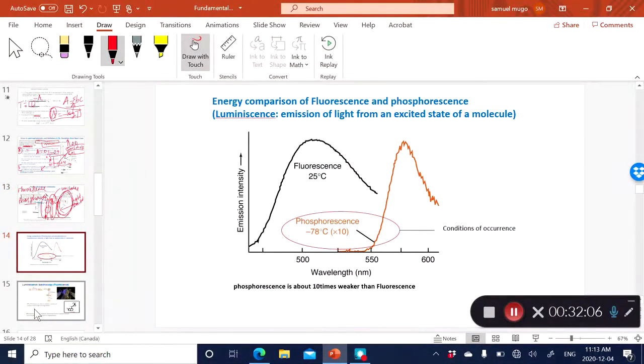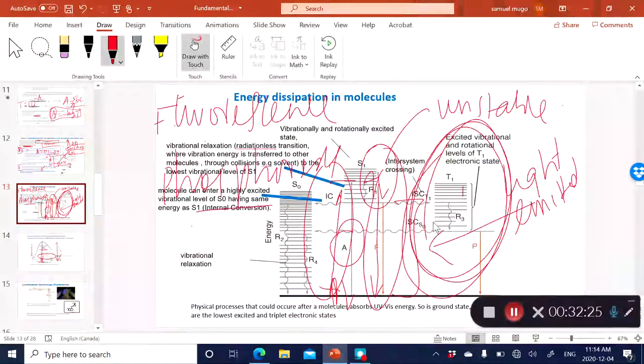So look at the emission spectra of phosphorescence compared to fluorescence. As you can see, fluorescence is of higher energy compared to phosphorescence, because if you look at the Jablonski diagram, the intersystem crossing also results in loss of energy.